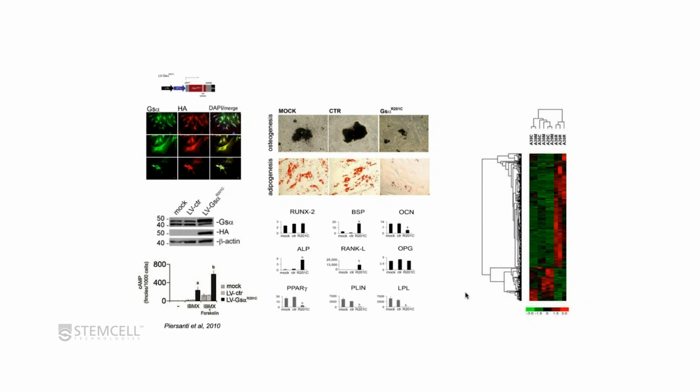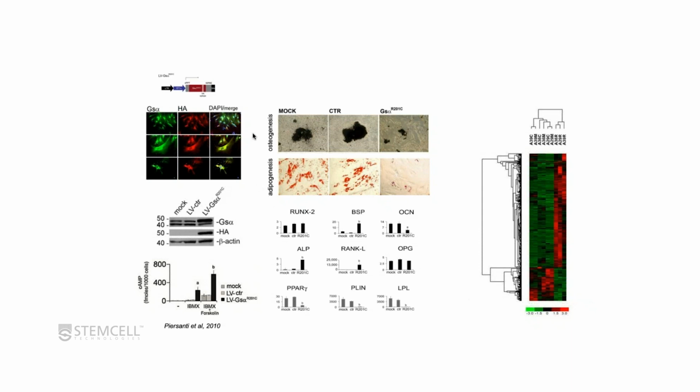And so to try to address this point, we are using in parallel an in vitro model of the disease generated by using normal skeletal stem cells and our transgenic mouse models.